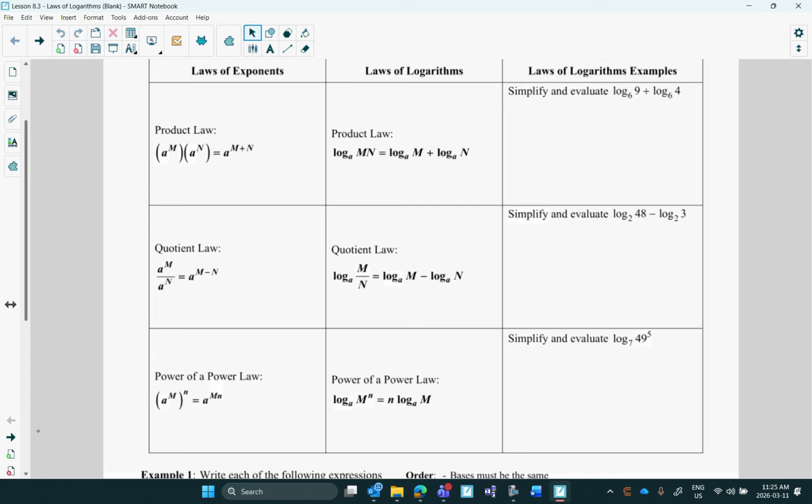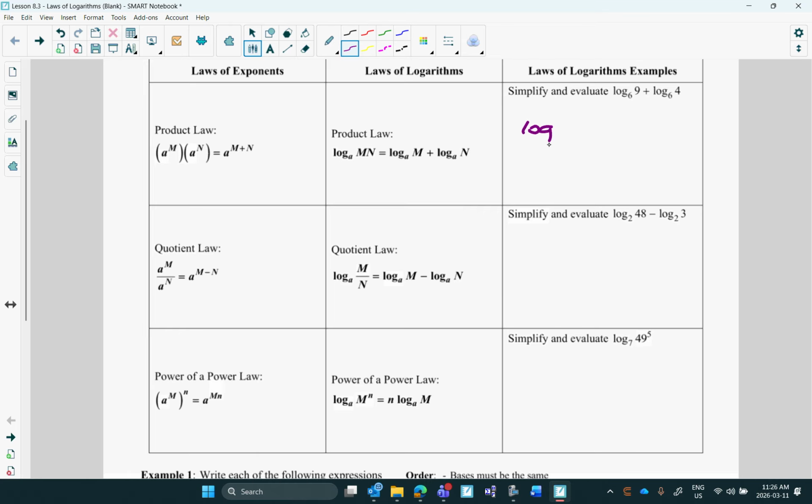When we take the log of 2 expressions getting multiplied, that's the same as the log same base of the first one plus the log of the same base of the second one. Okay? Or you can write it the other way around. So say for example, don't write this down because I'm not actually going to put this example in here.